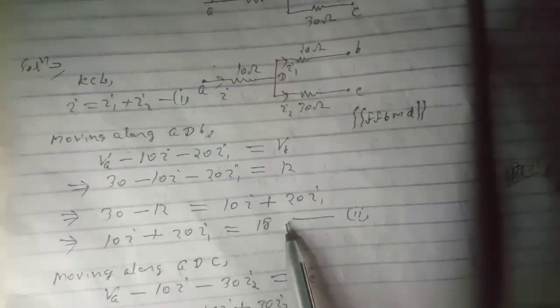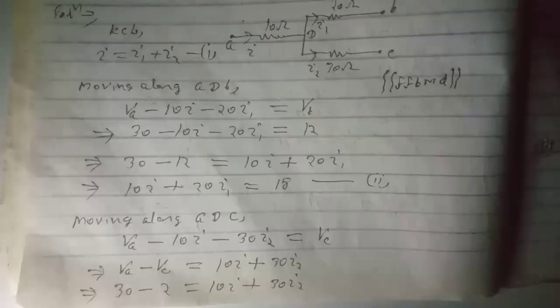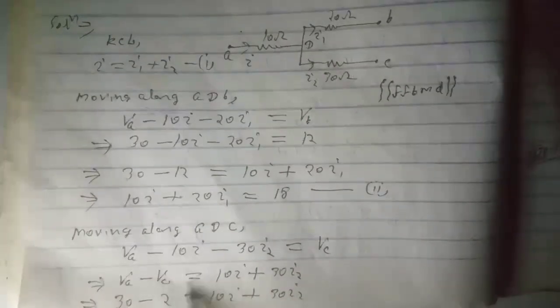Now moving along A, D and C. The potential VA minus 10I minus 30I2 equals VC, so VA minus VC equals 10I plus 30I2.